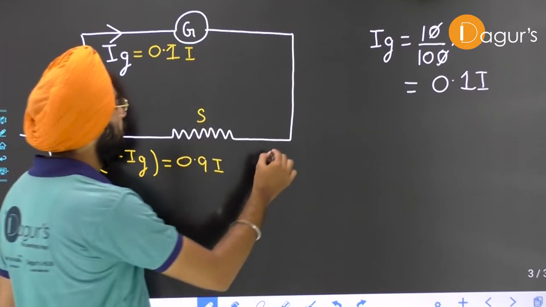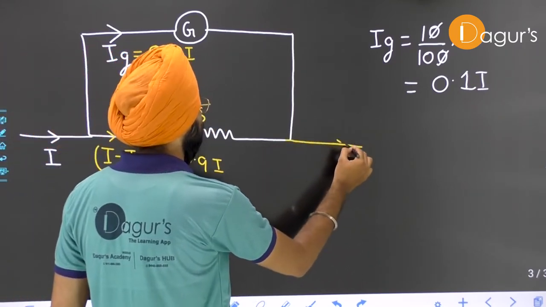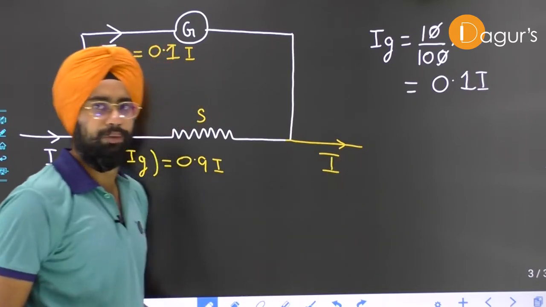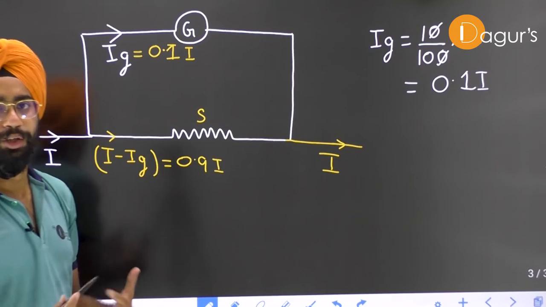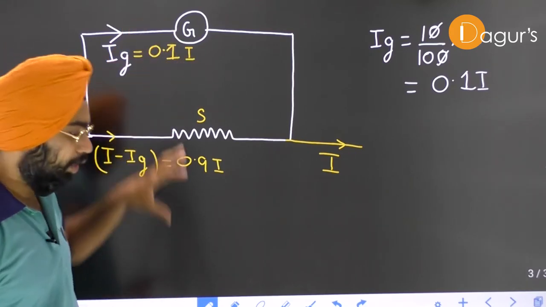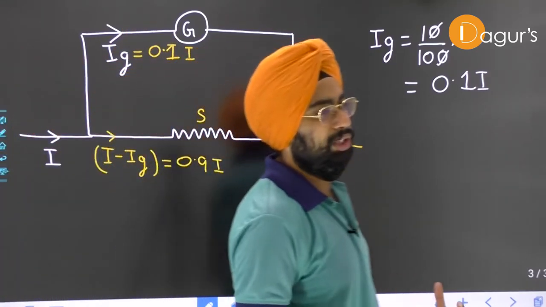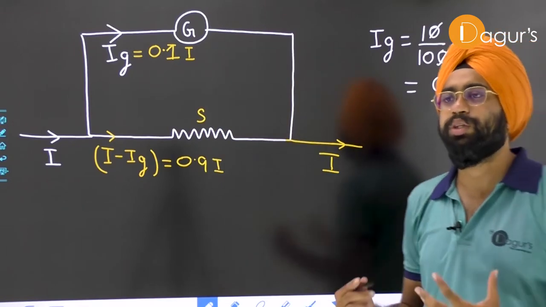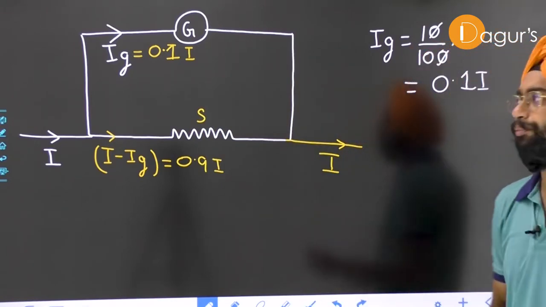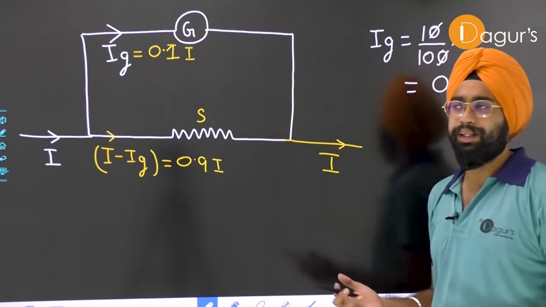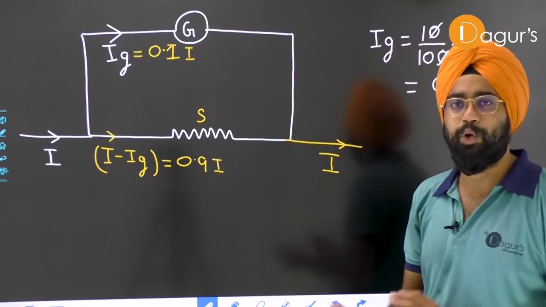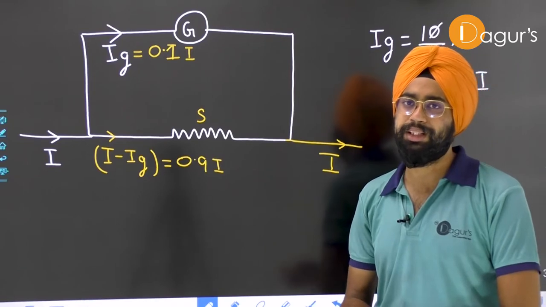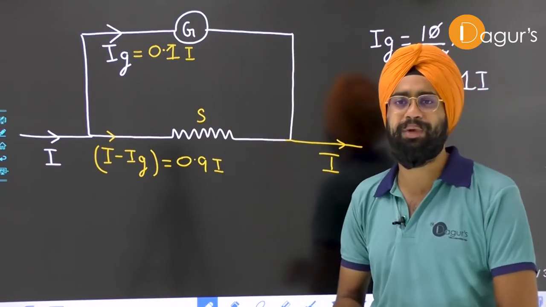Now, as you can see, G and S are both in parallel combination, and we know that in a parallel combination the potential difference across each resistor remains the same.